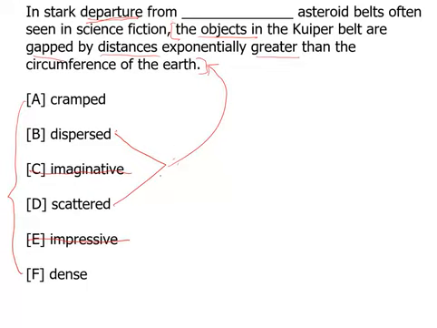So what would contrast with the idea of things that are far apart? Well, things that are cramped, close together, or dense. So the real contrast we want is the idea that cramped, dense asteroid belts in science fiction are very different from this real asteroid belt where everything's far apart. So we can eliminate dispersed and scattered because they're the opposite of what you want, and they instead match the contrasting idea to the blank in the second part of the sentence.